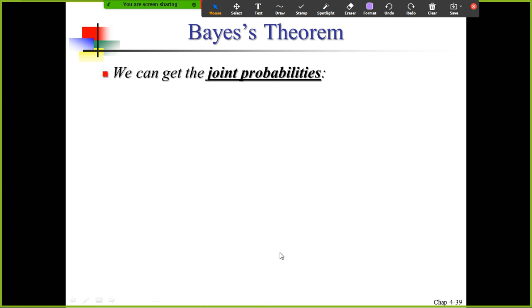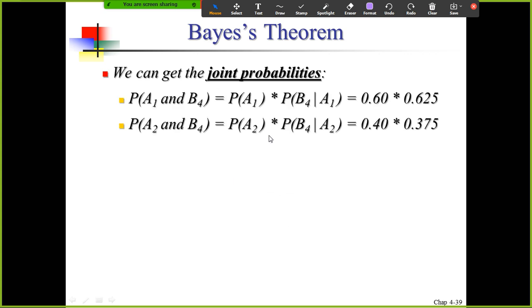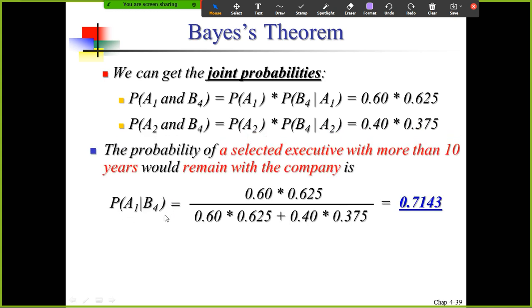When we know the first probability and the conditional second probability, we multiply them together to get joint probabilities. If we take these joint probabilities together, we can get the posterior probability. Remember that posterior probability is not the conditional one.